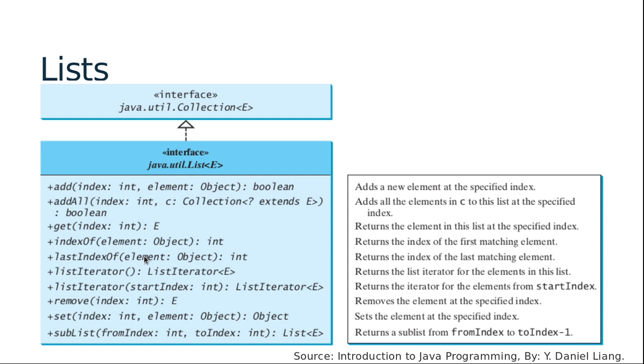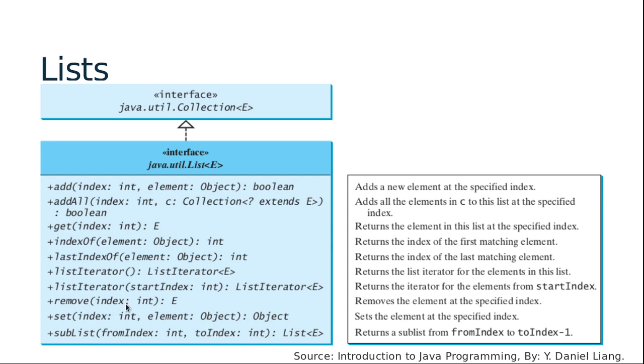Now it also defines a new kind of iterator here. Using listIterator, you can iterate your list either forward or in a reverse manner. Even using listIterator, you can start iterating your list from a given starting position also, so it has a start index parameter.